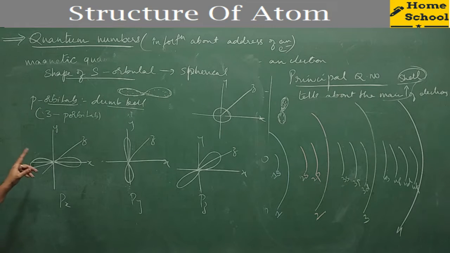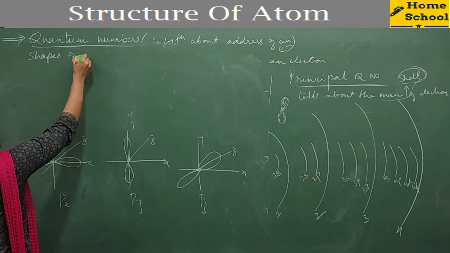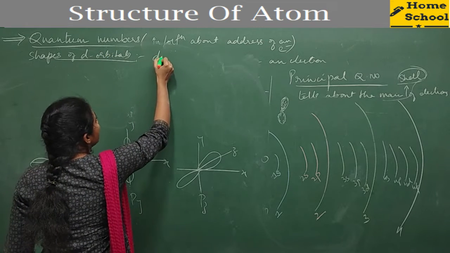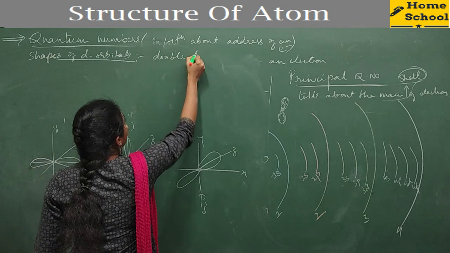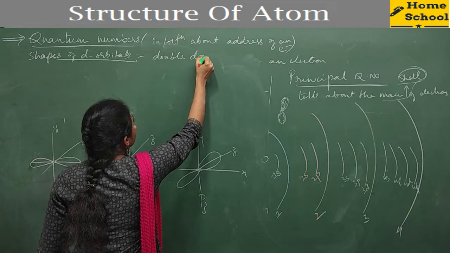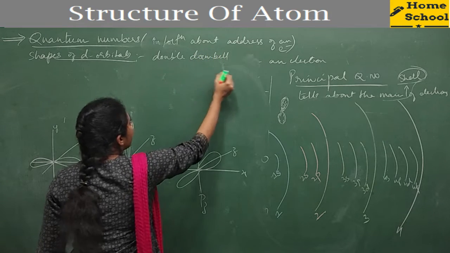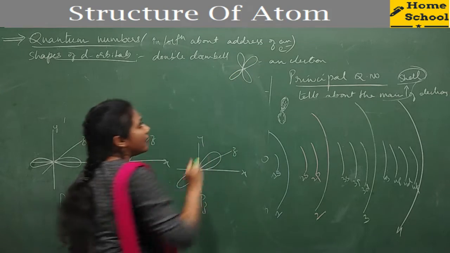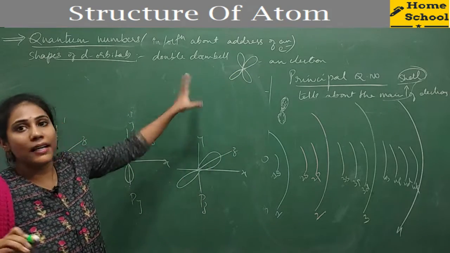And now let us check out the d orbital shapes. D orbitals are double dumbbell. This is one dumbbell, this is another dumbbell. Like this, 2 dumbbells are present.